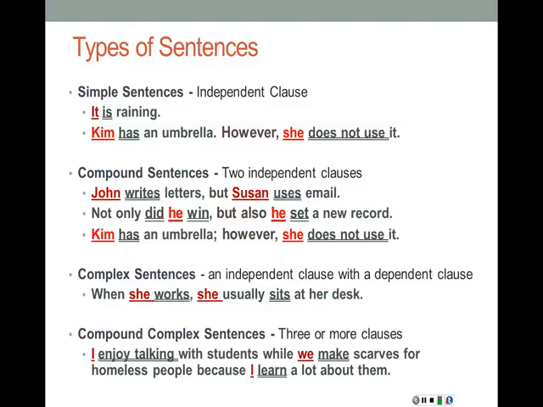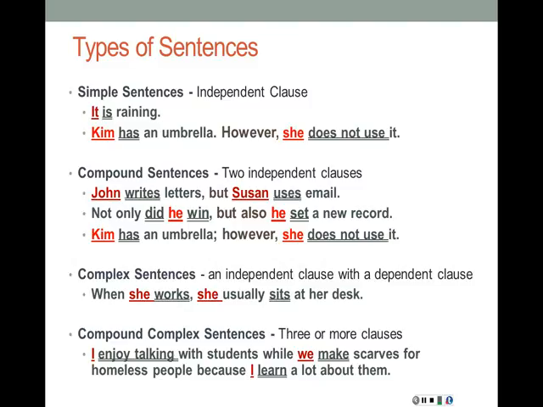The final type of sentence is a combination of a compound and complex sentence. We call them compound complex sentences. In English, we can occasionally combine more than 2 or 3 clauses using compound sentence patterns or complex sentence patterns.